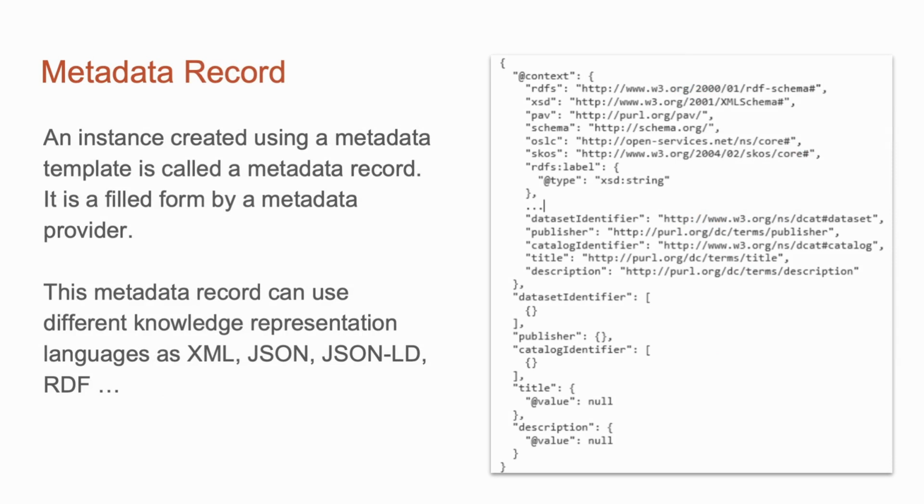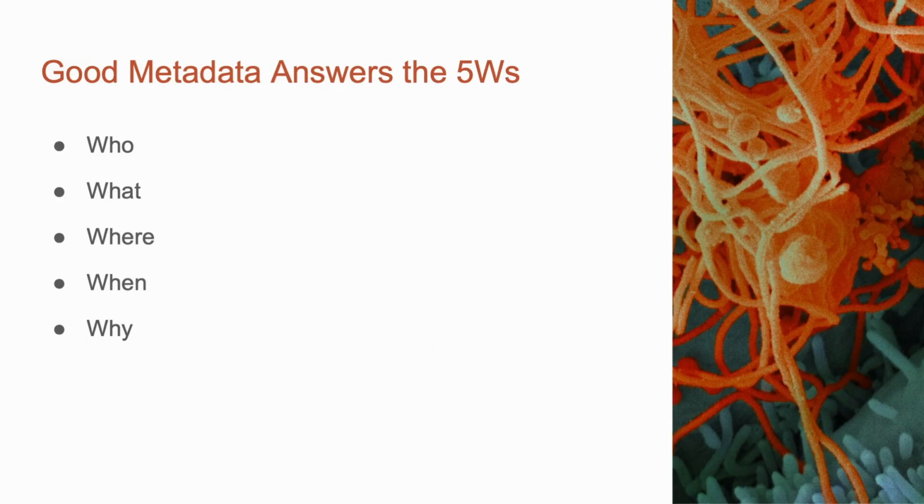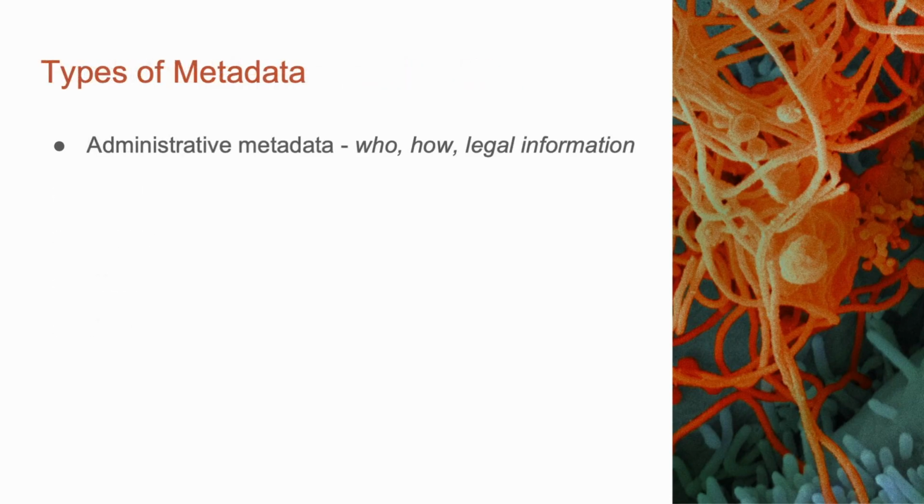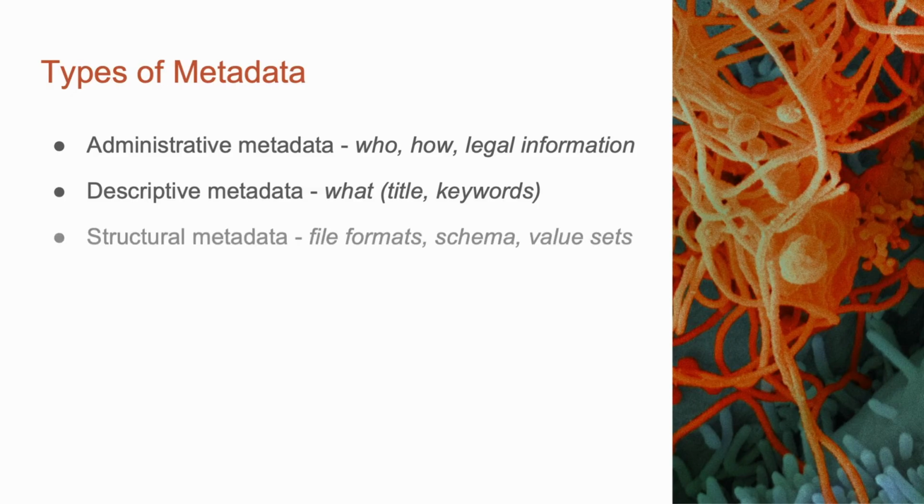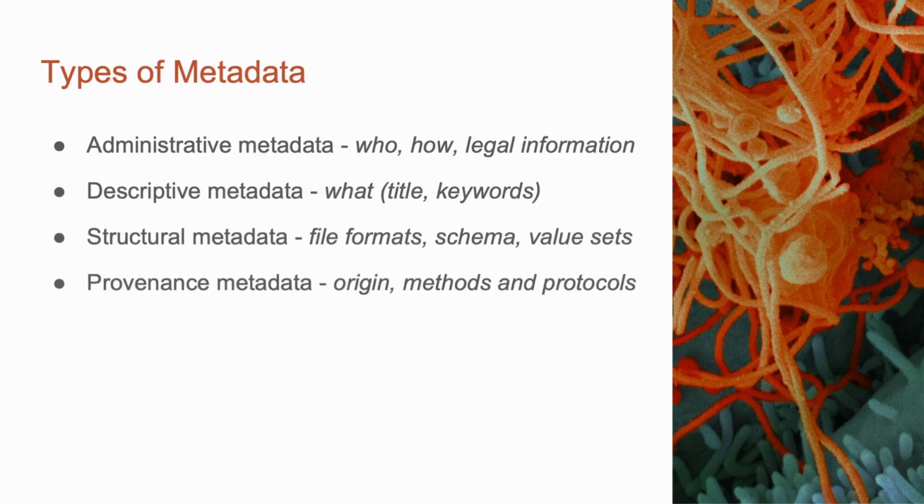This can be expressed in languages like XML, RDF, or JSON-LD. Good metadata answers the 5 W's: who, what, where, when, and why. Types of metadata include administrative, descriptive, structural, provenance, and usage conditions.